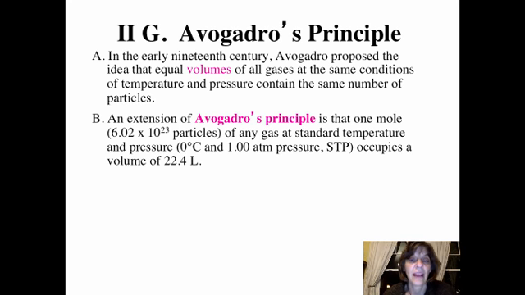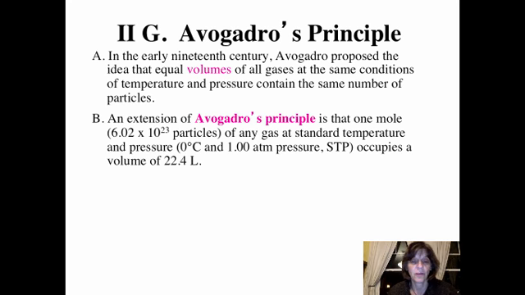So an extension of that is Avogadro's principle, in that 1 mole, Avogadro's number, of any gas at standard temperature and pressure occupies a volume of 22.4 liters. That's a pretty useful piece of information.